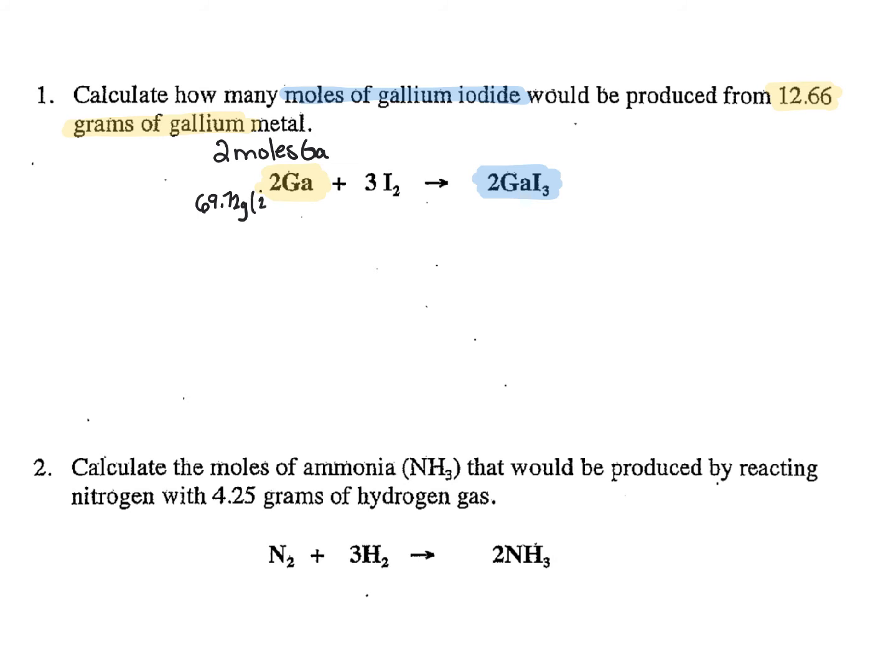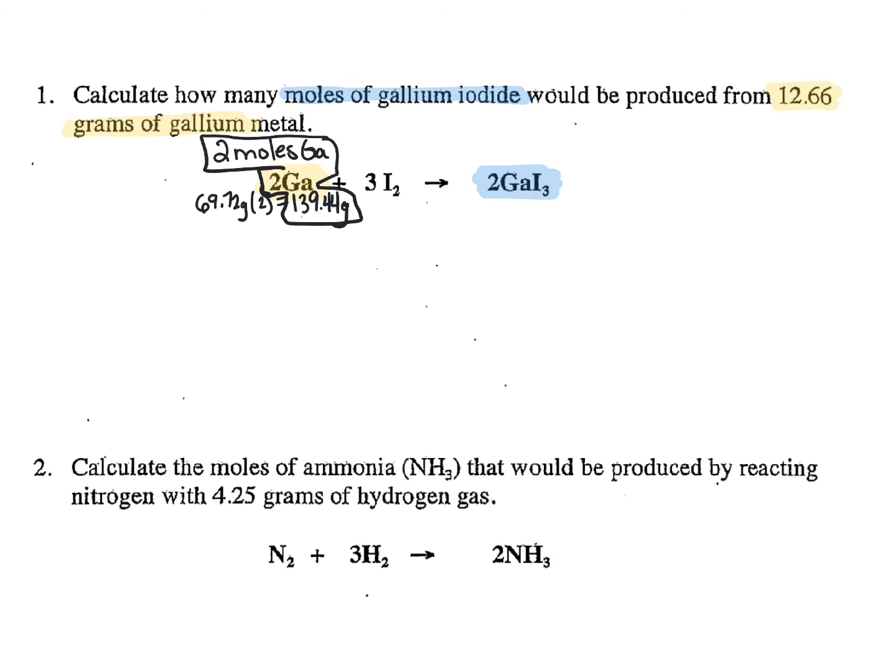But since I need 2 moles of it, that means that this recipe actually requires 139.44 grams in it. So my recipe tells me 2 moles of gallium and 139.44 grams of gallium.